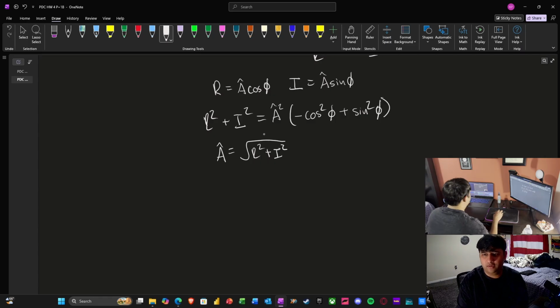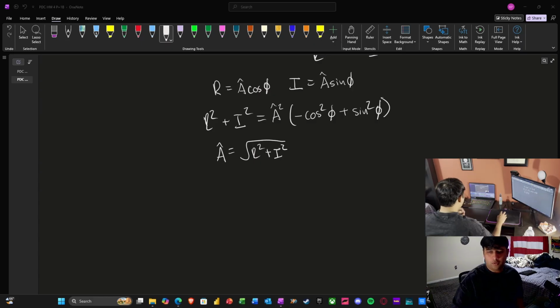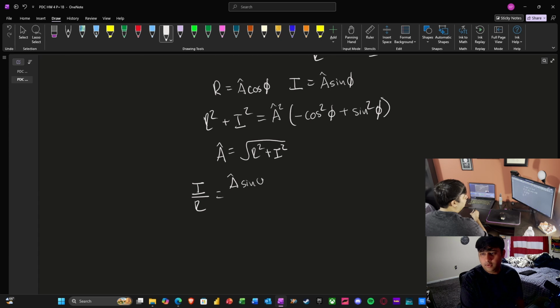And that basically concludes our algebraic derivation, or algebraic simplification, of our equation and what we wanted to find. Also, one more thing, if we take our I over R, it becomes a hat sine phi over a hat cosine phi, which is just arctan.